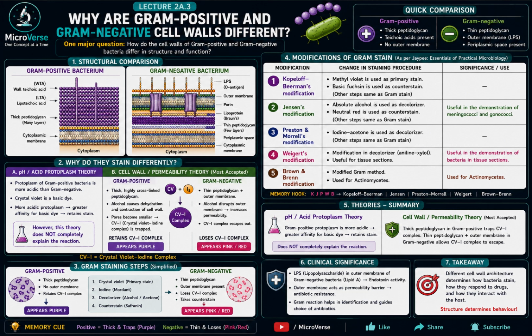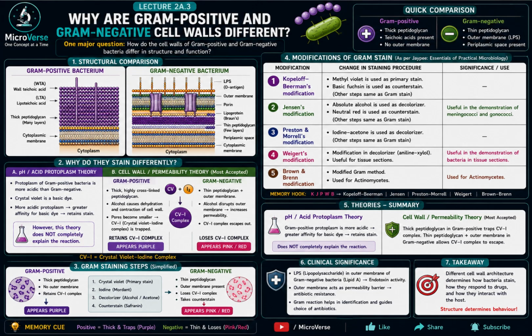Gram negative bacteria have thin peptidoglycan plus outer membrane which loses the crystal violet iodine complex and appear pink in color. So we also learned two explanations of the gram reaction, pH theory and cell wall theory. And we remember five important modifications: Kopeloff and Beerman's modification, Jensen modification, Preston and Morrell's, then Weigert's modification and Brown and Brenn modification.